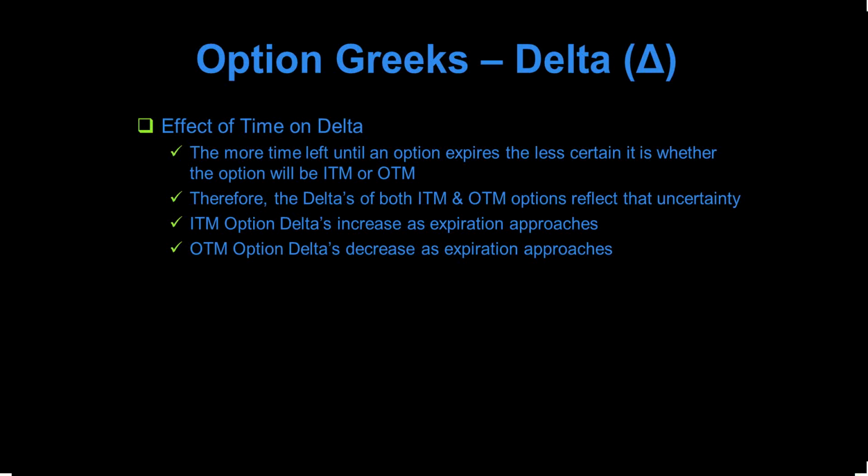Well, that delta is going to go from 18 down to 12, maybe down to 11. It'll be cut by 30 or 40%, because now it's only got 3 days to get up into or out of the money. Or if you're deep in the money, then it'll be sitting the other way. It'll be sitting about 75 or 80. And then as you get closer, it'll go up to 90 or 95. So even though the underlying price does not change, the delta changes.